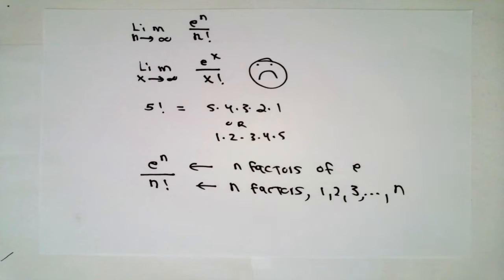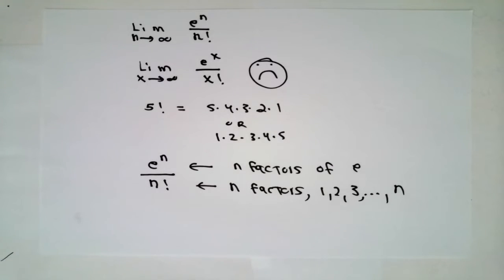The number of factors of e upstairs is n. The bottom of the fraction, n factorial, is the product of 1, 2, 3, all the way out to n. For each one of these e to the n over n factorials, the number of factors upstairs and the number of factors downstairs are the same.